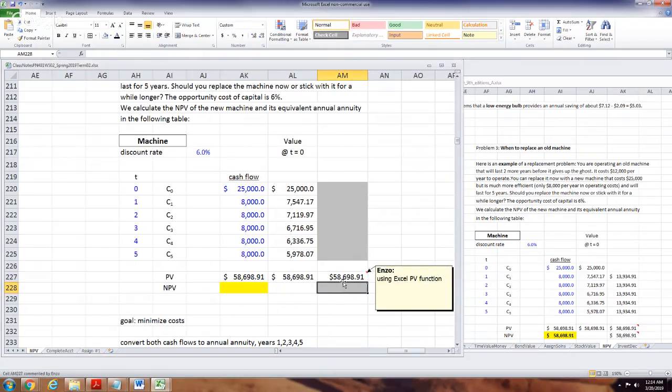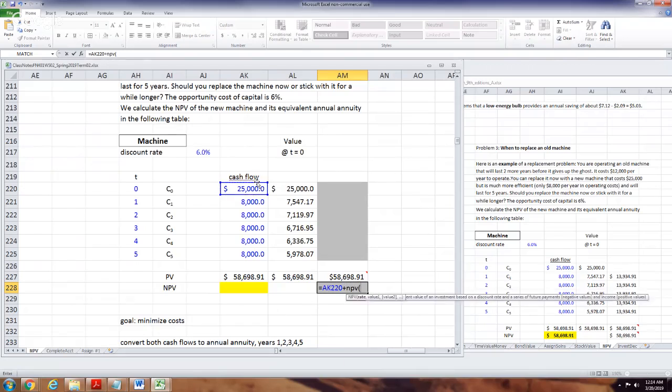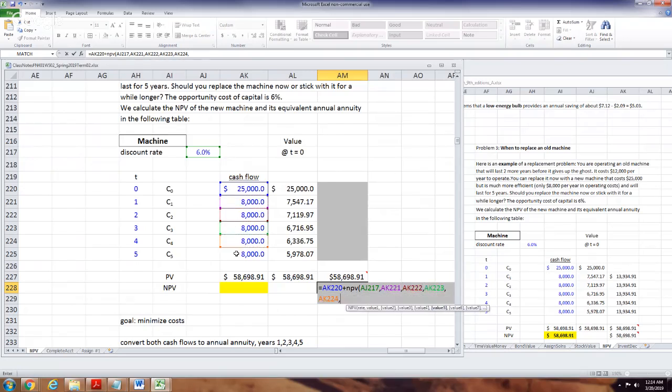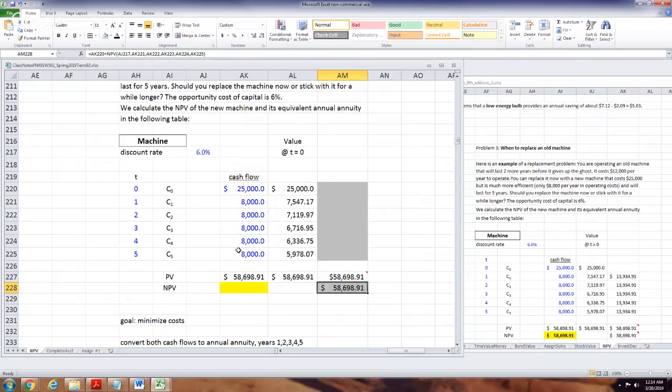Yeah, this is our old NPV version. It's a 25 plus NPV. The rate is 6. This, comma this, comma this, comma this, comma this. This is simply equal to that. Okay. That's what you got here.